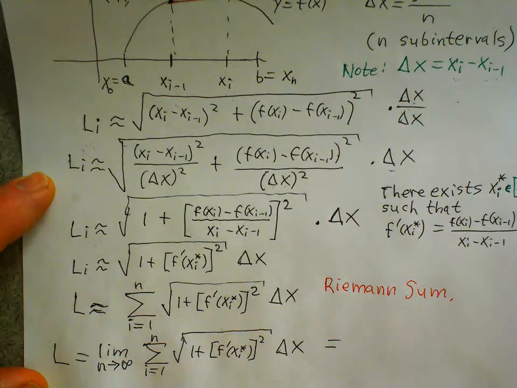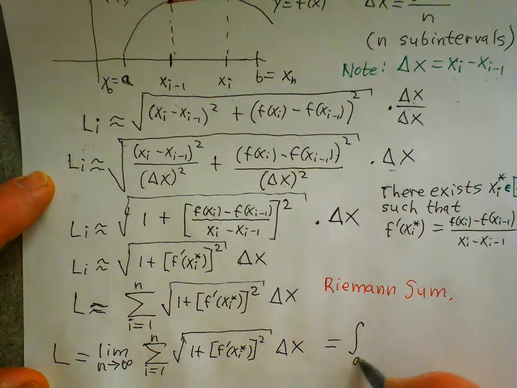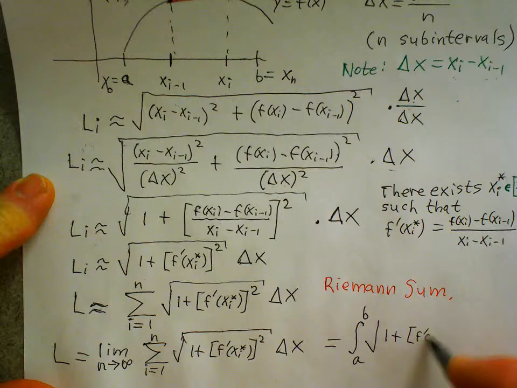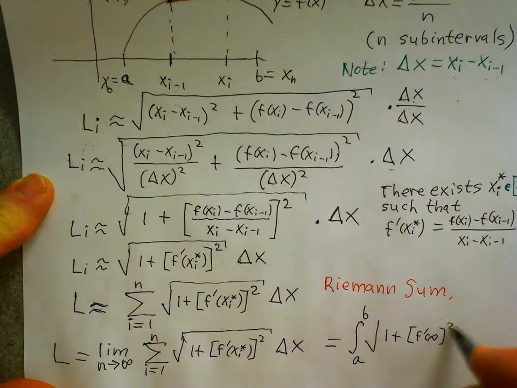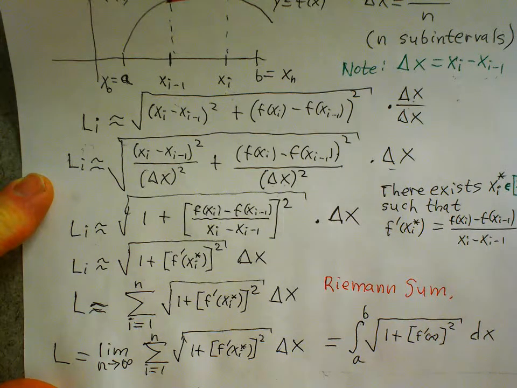And the limit is a definite integral. The definite integral from x equals a to b of the square root of 1 plus f prime of x squared dx. So this is our arc length formula.